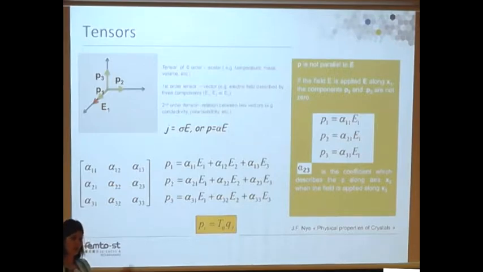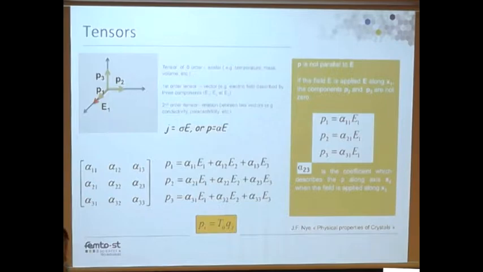To describe a relationship between these two vectors, we need a second order tensor: the relationship between order 1 and 1. To describe a relationship between a vector and a scalar, we need a vector, order 1. Between two scalars, 0 and 0, we need 0.